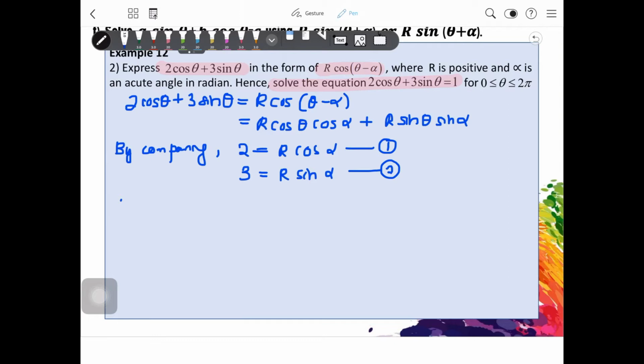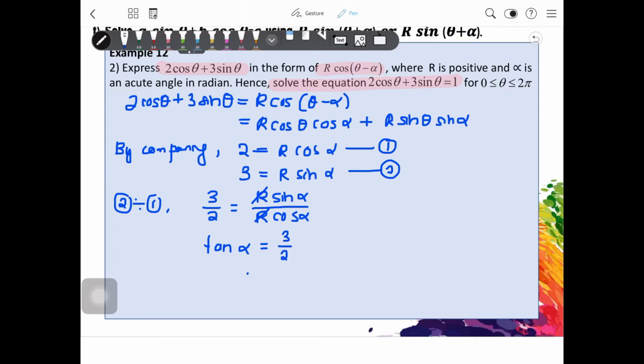So when you have equation 2 divided by equation 1, you will get 3 over 2 is equals to R sin alpha divided by R cos alpha. The reason that we divide 2 with 1 is so that we will get tan alpha is equals to 3 over 2.